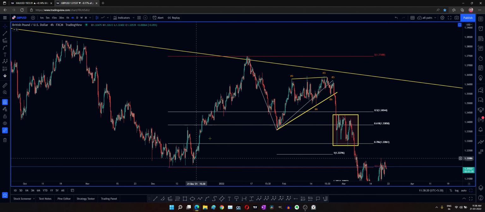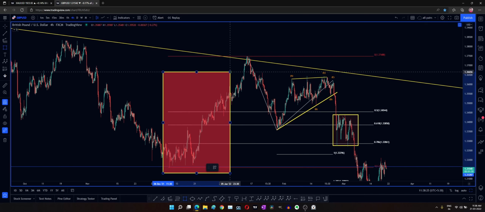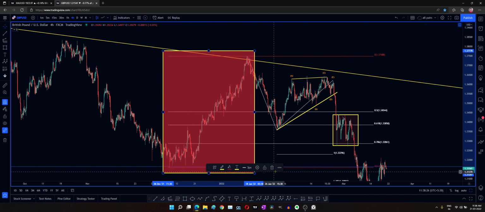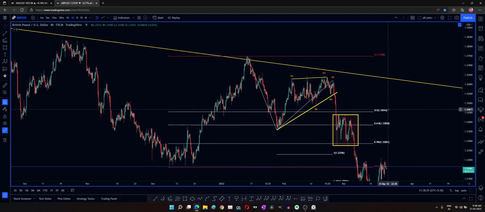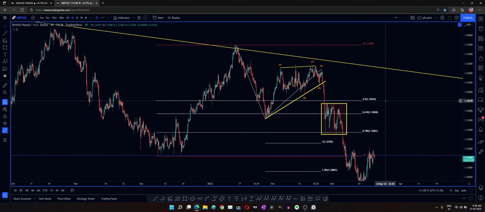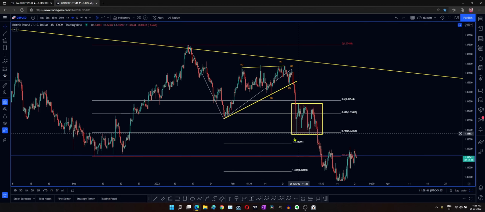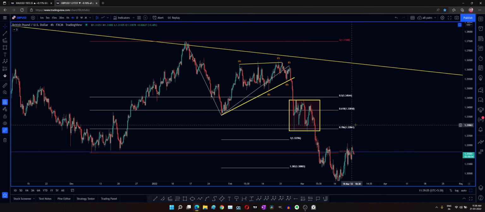Fib retracement for last leg, this one, then you can see it was making support on every fib retracement level, first on 50%, then 61, and it made a big intraday bullish movement. Then it made strong support on 78% retracement level.